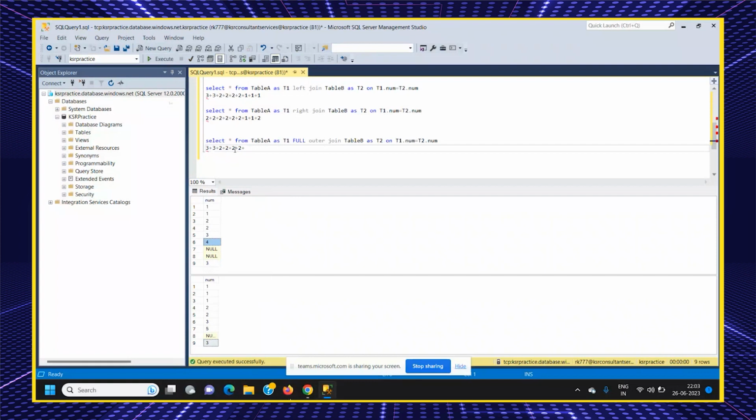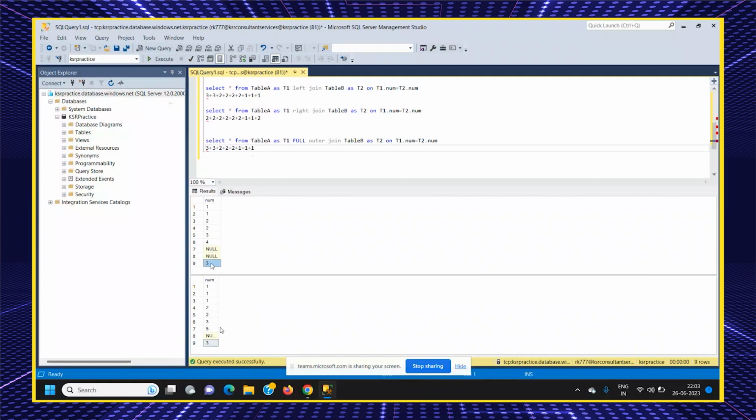This 4, we don't have any similar, but as in the left join, we would assume it as 1. The 2 nulls would act separately and independently, so plus 1, again plus 1.